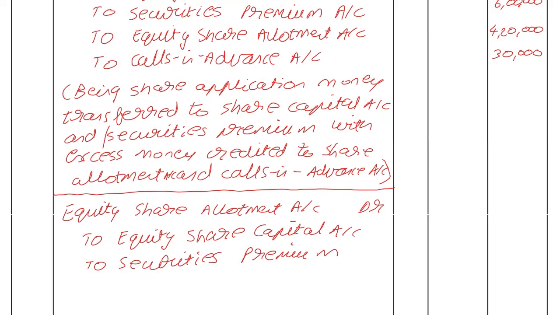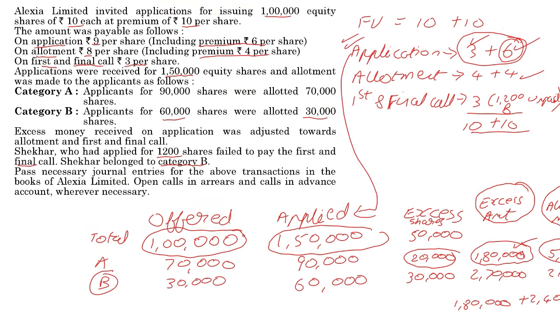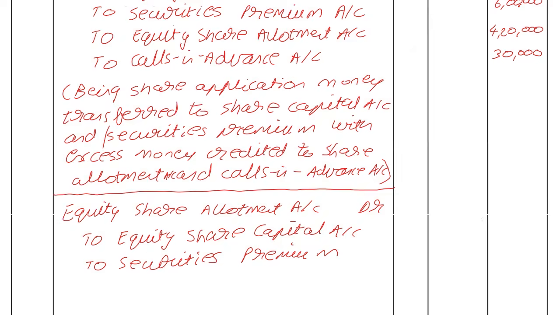Okay, and this entry should be relatively easy because the offer is only 1 lakh shares and it will be broken up 4 and 4. So first of all, allotment itself will be 8 into 1 lakh, which is 8 lakhs. And then 4 into 1 lakh, which is 4 lakhs.